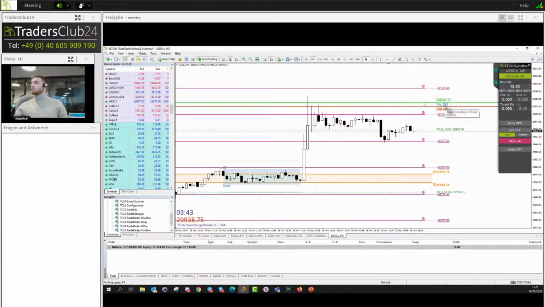Now the box size over here, you'll see 15 in there, and in the SwissBox settings, you'll see 15. Anywhere between 20 and 10 points in the DAX and the Dow Jones and NASDAQ is recommended. So we're going to go straight in the middle with 15. And then just below there, we've actually got different sets. So set 1, set 2, set 3, and set 4. These are different settings for our risk and our target profit.